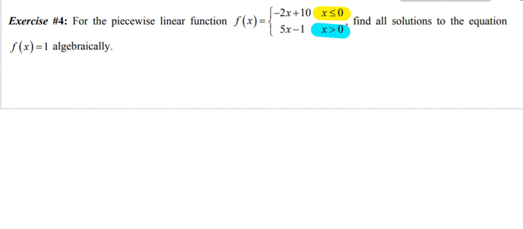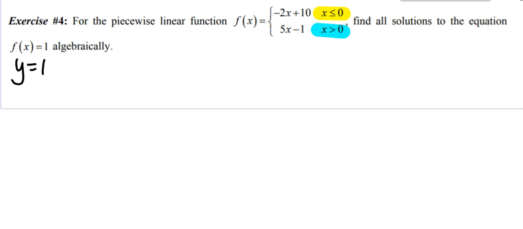So right now, they're wanting to know which equation actually satisfies the information given here. So it's saying f of x equals 1 is the same as saying y equals 1.